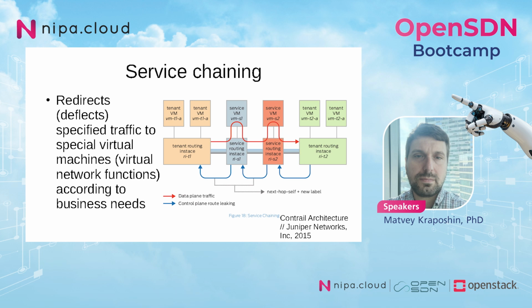Service chaining is a technology that allows diverting of traffic. A scheme of service chaining is shown here. What is main in this scheme is we always have left VRF and right VRF, and all traffic which comes from left VRF can be diverted into service chain and then into right VRF.